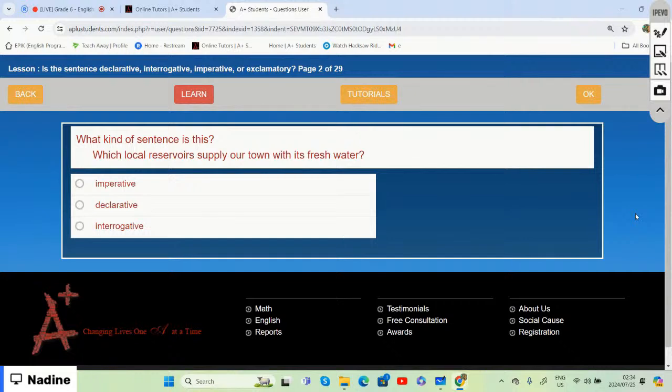Which local reservoirs supply our town with its fresh water? So, which local reservoirs supply our town with its fresh water? Is it an imperative sentence, declarative sentence, or an interrogative sentence? There is a question mark.